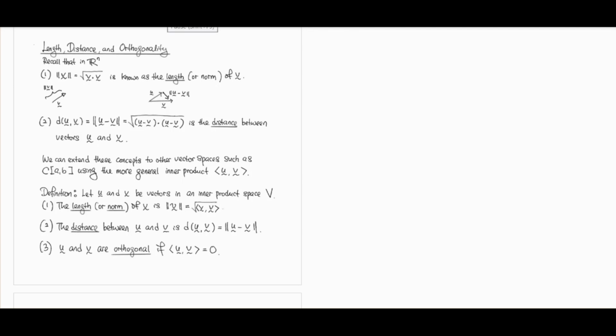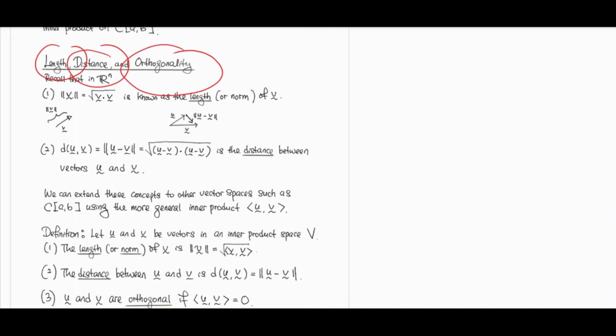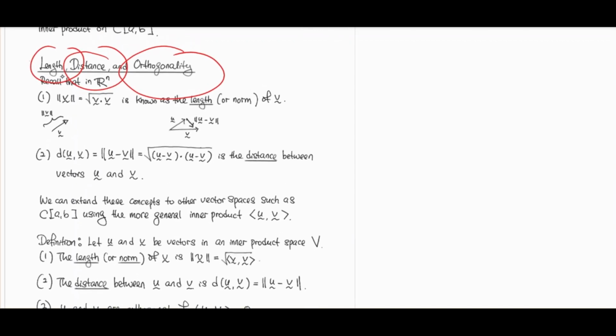All right, so once we have the generalization of dot products, which we call inner products, all the concepts that we have from before, for example, length, distance, orthogonality, all this that was previously defined using dot products can now be extended to other types of vector spaces.